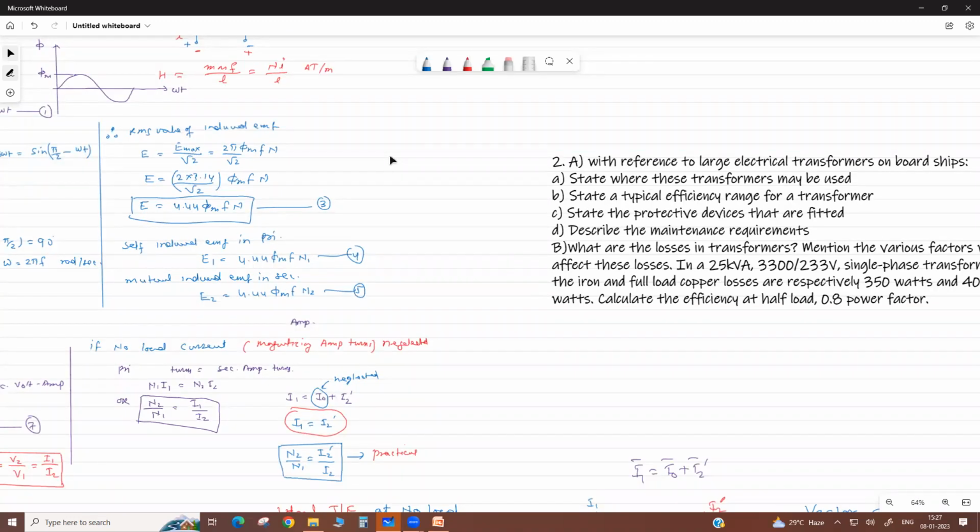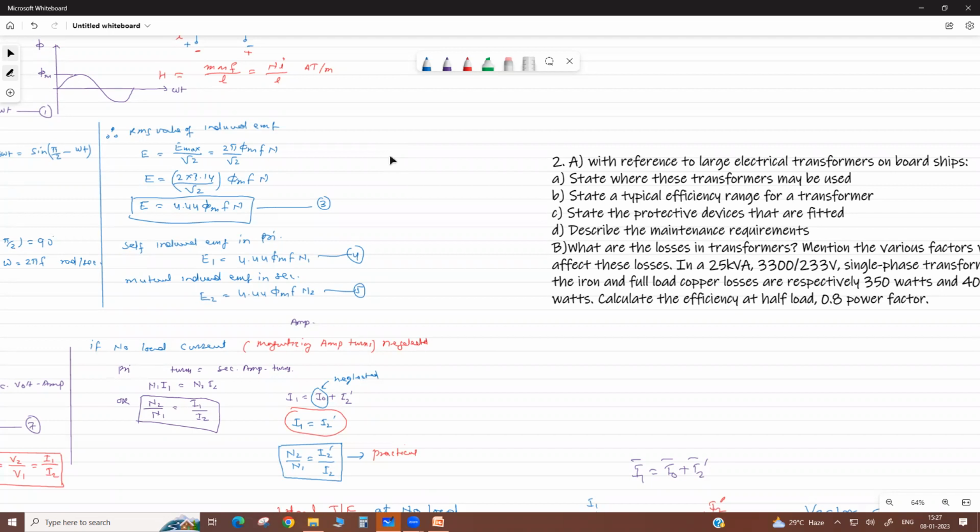For an oil type, if it is not a dry type, there is a Buchholz relay as a protective device, and a silica gel breather also. But in a dry type, we put in a thermocouple. We measure and monitor the temperature continuously. In a dry type, there is no transformer cooling oil. Your insulation is cast resin.